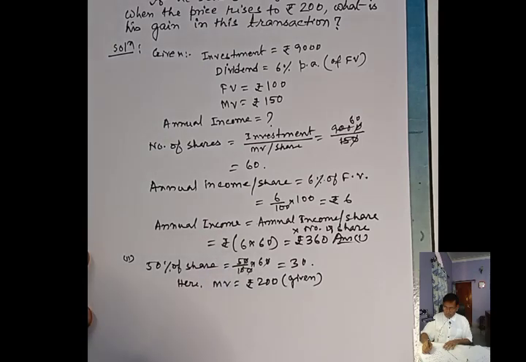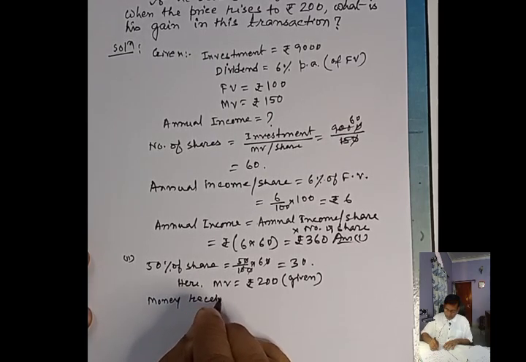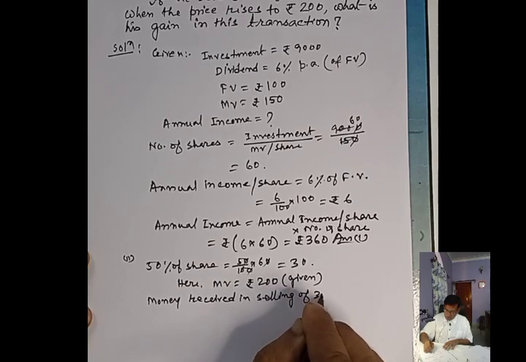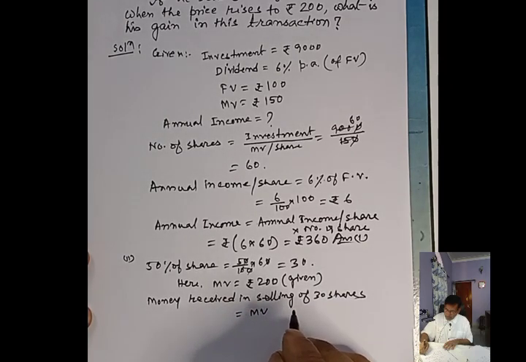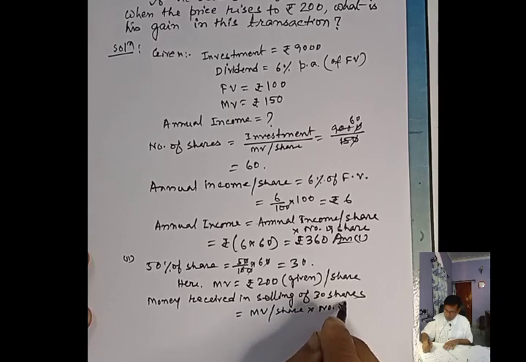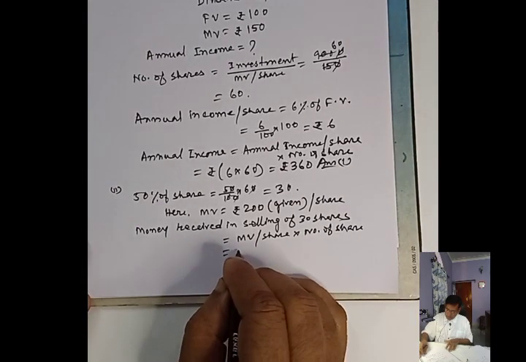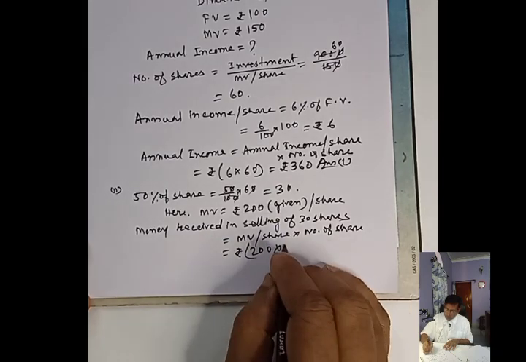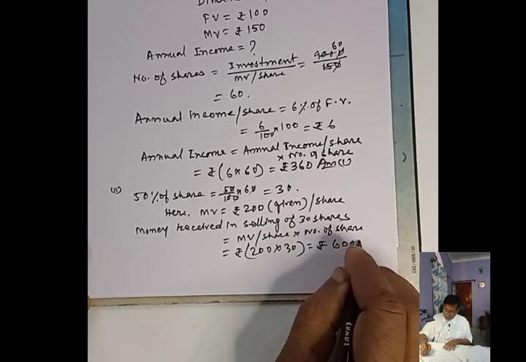Then money received by selling of 30 shares is equal to MV per share into number of shares, is equal to rupees MV per share 200 into number of shares, here 30, it comes as rupees 6,000.